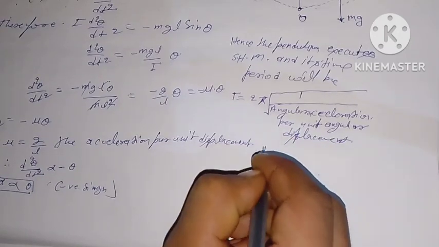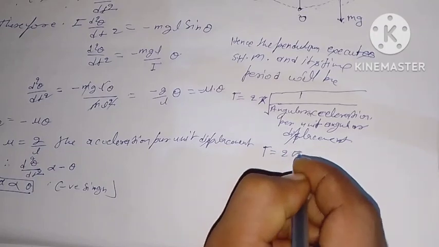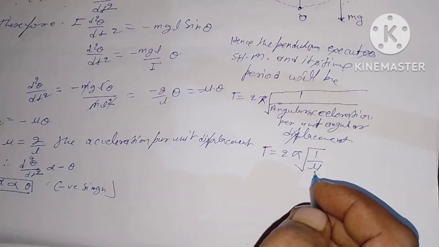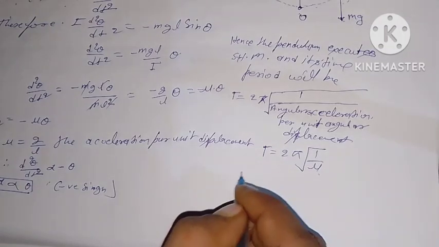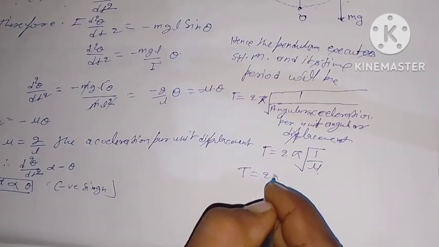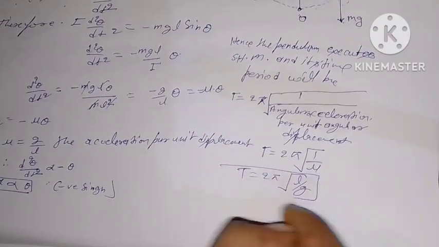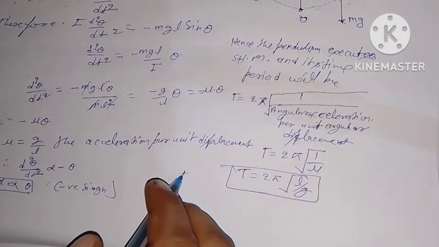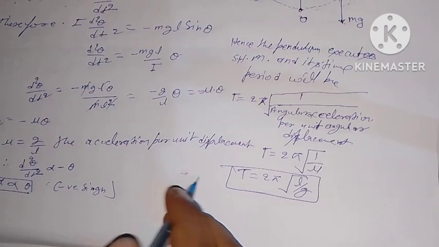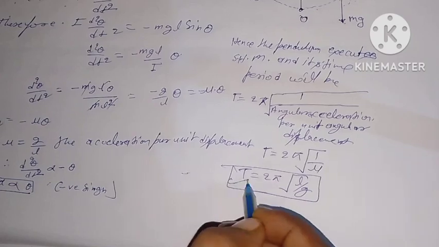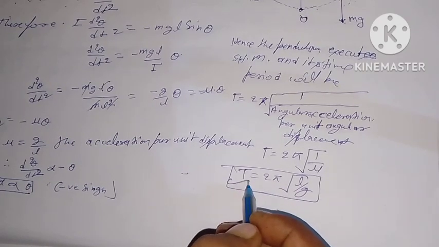That is T equals 2 pi under root of 1 upon mu, that is T equals 2 pi under root L by g. This gives the period of the simple pendulum.